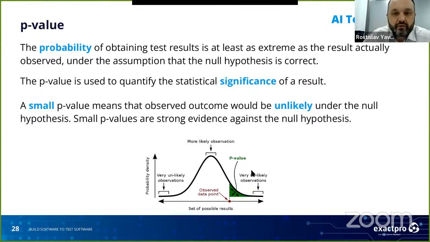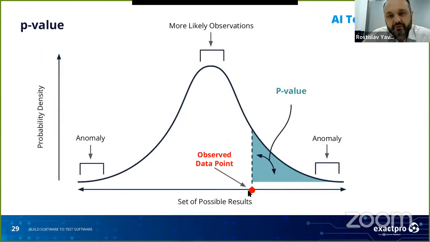Let's consider another example. You observed some data point, and you had a feeling that it's probably an anomaly, but then you compute p-value, and it turns out that p-value is something like maybe 50%. Okay, not 50, even 20% is quite a big value.